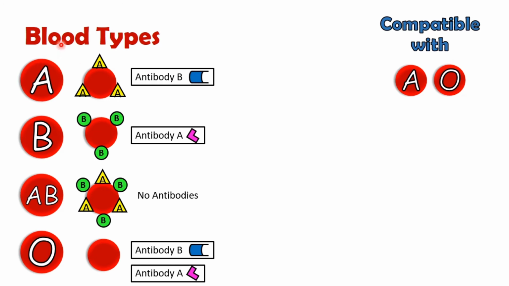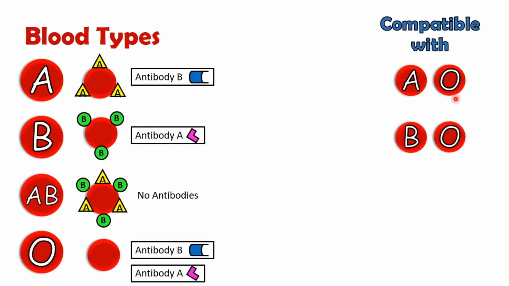So if the blood type is A, it will be compatible with A blood type and also O blood type. This is because A doesn't have the antigen B, and O doesn't have any antigen, whether A or B, meaning that the antibody B will not have any reaction with blood type A and also blood type O.